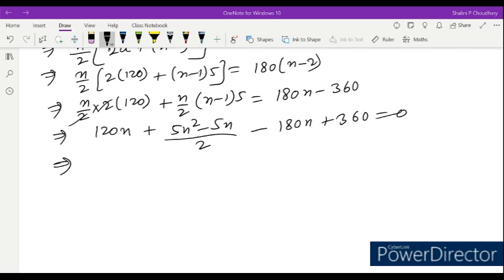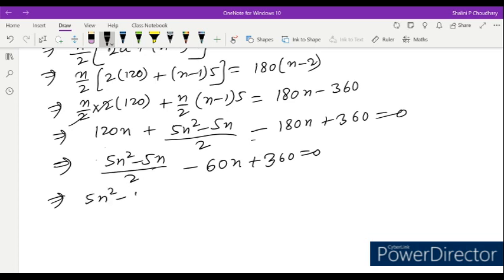So we'll get 120n minus 180n, so 5n square minus 5n upon 2 minus 60n plus 360 is equal to 0. Now we'll simplify this.